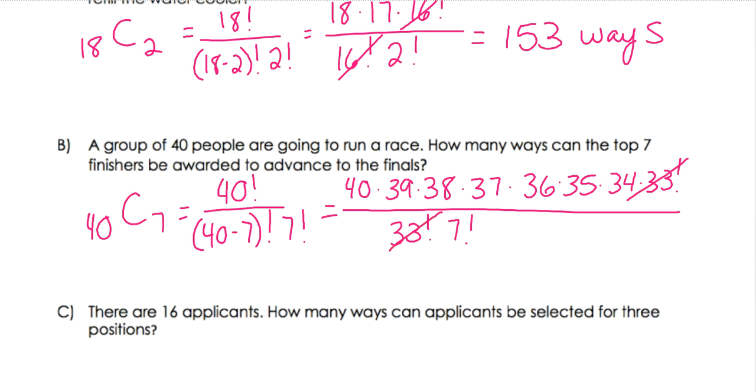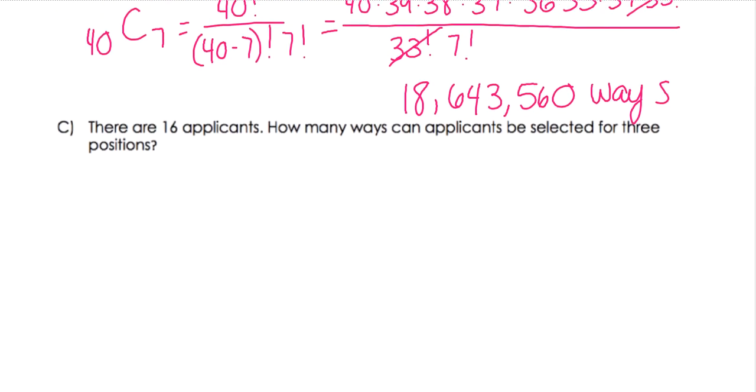When you multiply the numerator and then divide by the denominator, it's a total of 18,643,560 ways. So again, that's the number of ways 7 different people out of the 40 could finish in order to advance to the finals.